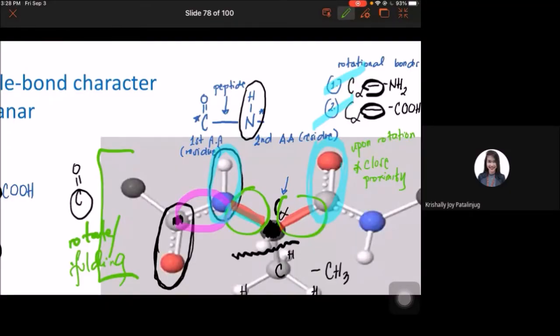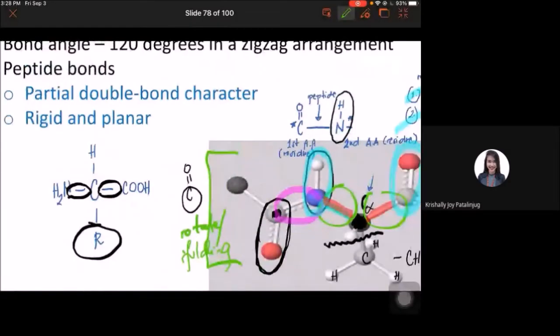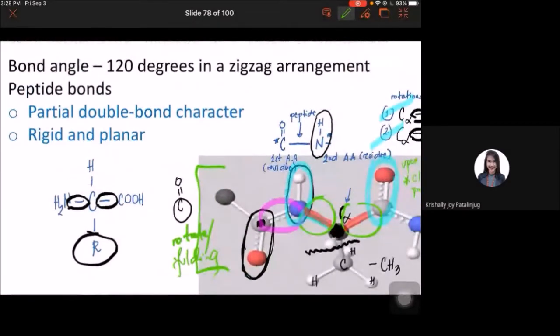And take note na may certain bonds, certain force of attraction that depends on distance. Once magkalapit yung mga atom, may possibility na ma-attract sila sa each other. So isa na doon na force of attraction na depende sa distance is the hydrogen bond.